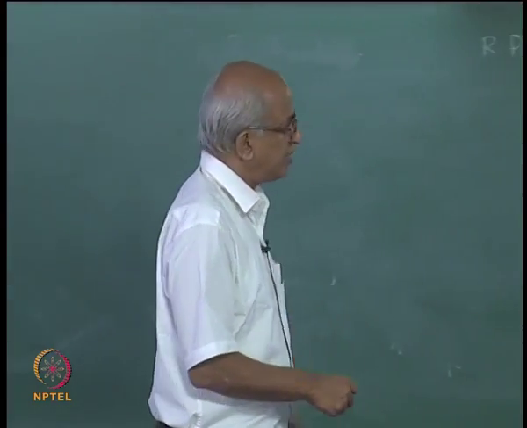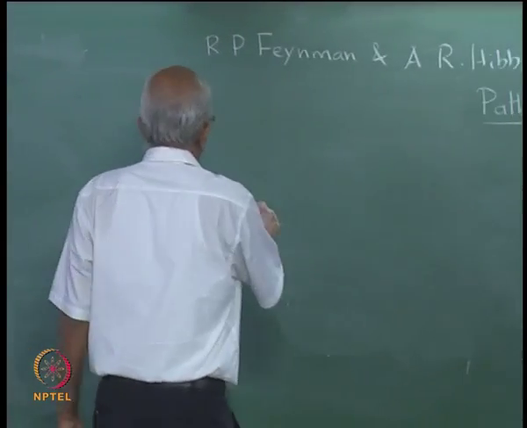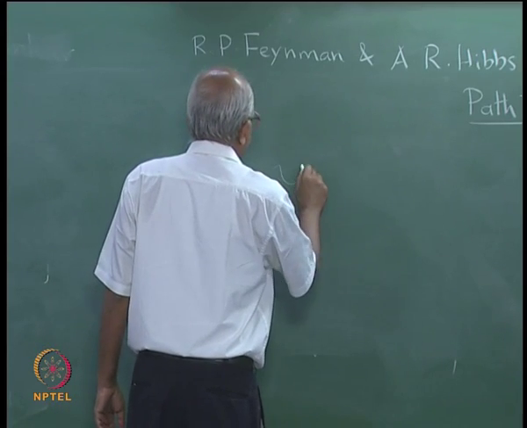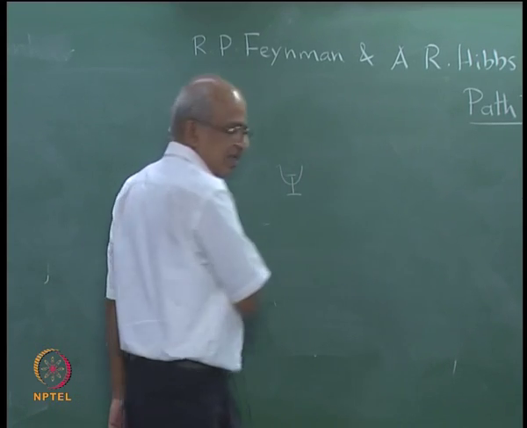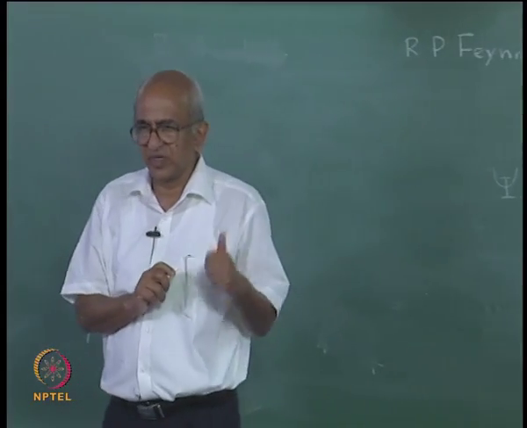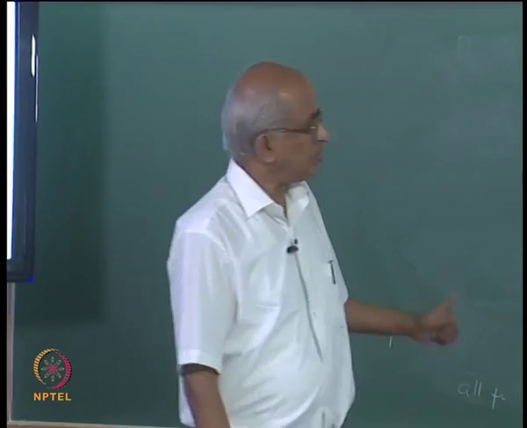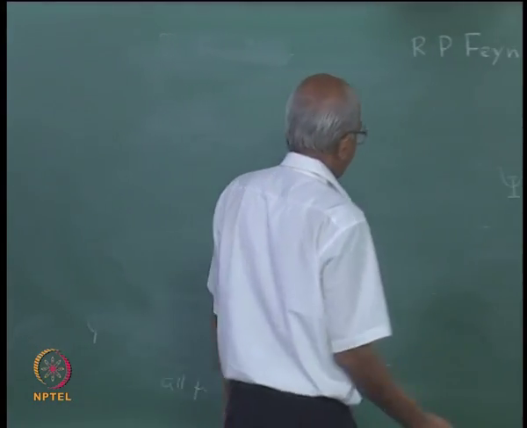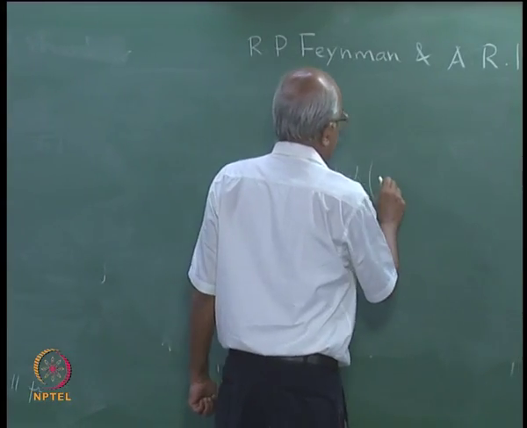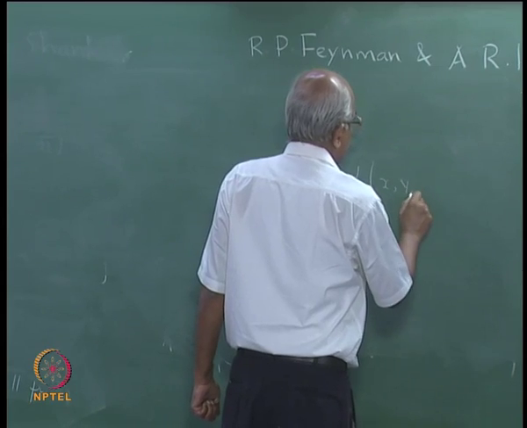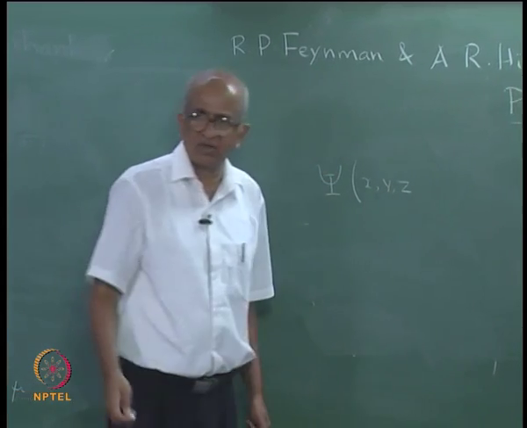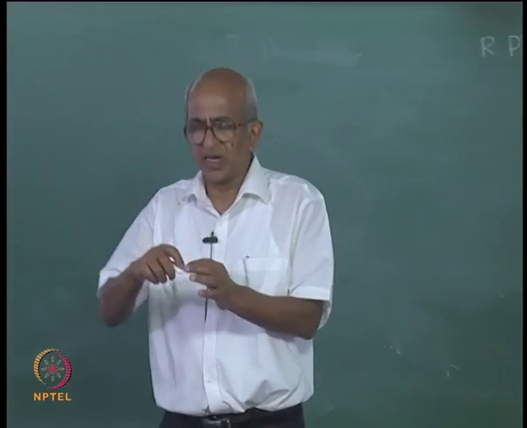So, if you have any system, I will have a wave function which I will denote by this symbol. This symbol is capital psi, notation is important, and this psi is going to be a function of position x, y, z. Imagine I have just one electron.